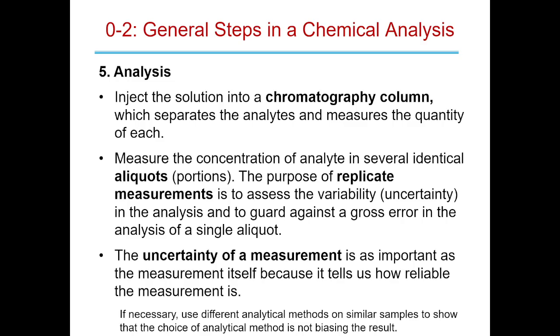We measure the concentration of analyte in several identical aliquots, or portions, right? Everybody remembers aliquot? Roughly equal portions that you take of a single sample. The purpose of replicate measurements is to assess the variability or uncertainty in your analysis, and it also guards against gross error, right?